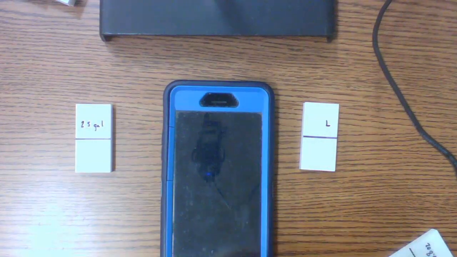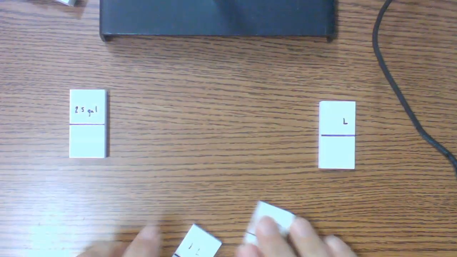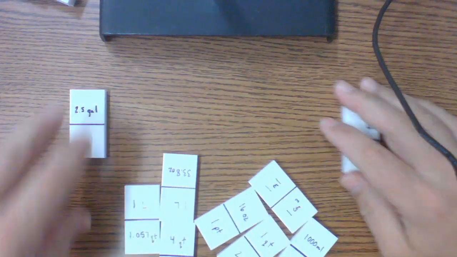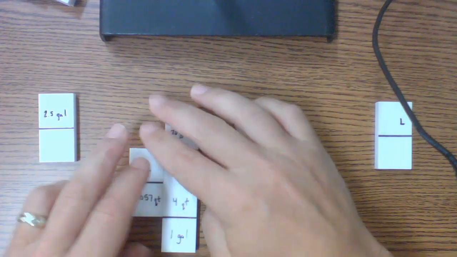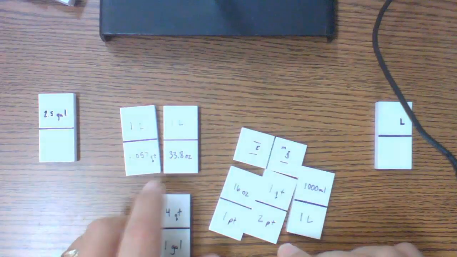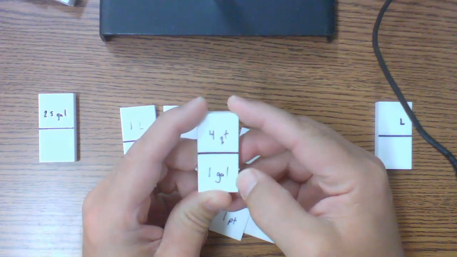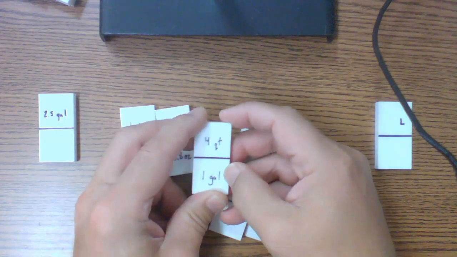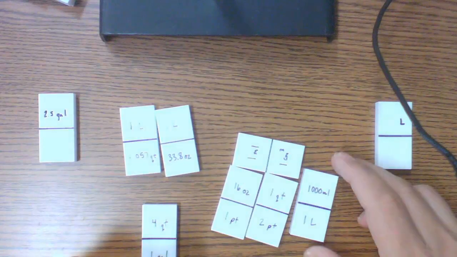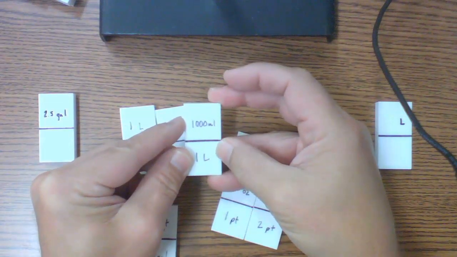Again, now it's a new set of dominoes, which means we need to know what our dominoes look like. I've got a whole lot of these for volume because we have a lot of different ones that work. This one is just gallons to quarts. In other words, this is like our unit type. And I've got one like this, which is liters to milliliters.